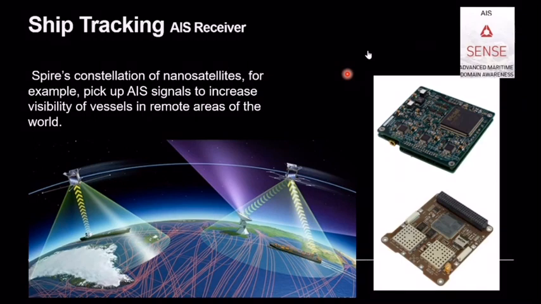So the receiver itself is very small. It is just one PCB, about 10 by 10 centimeters in dimensions. And once you have this receiver on board your CubeSat, then you are able to do ship tracking. There are certain CubeSats that have already done this type of tracking mission.